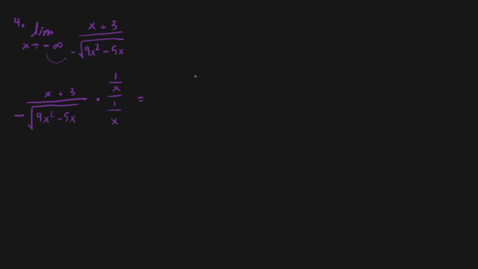And let's rewrite this expression. So we have x plus 3 over x in the numerator all over the negative square root of 9x squared minus 5x all over x in the denominator. Numerator, x over x is just 1, and we have plus 3 over x.